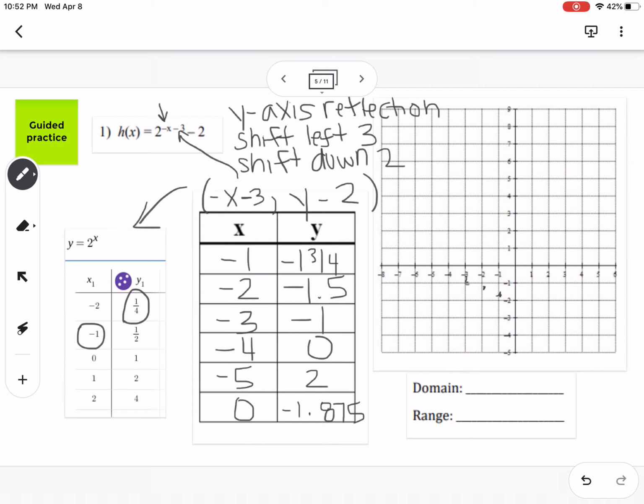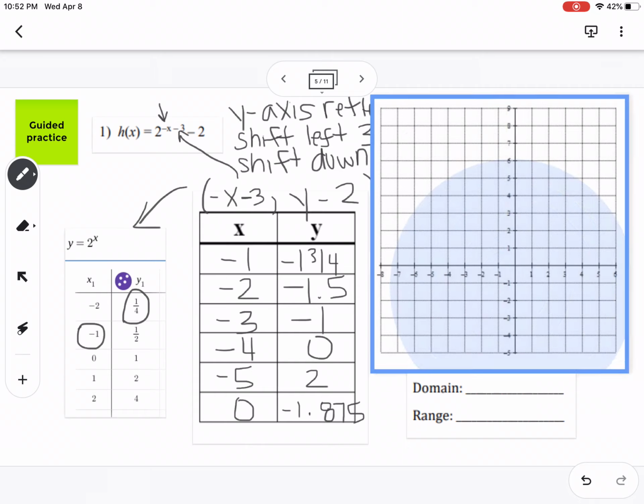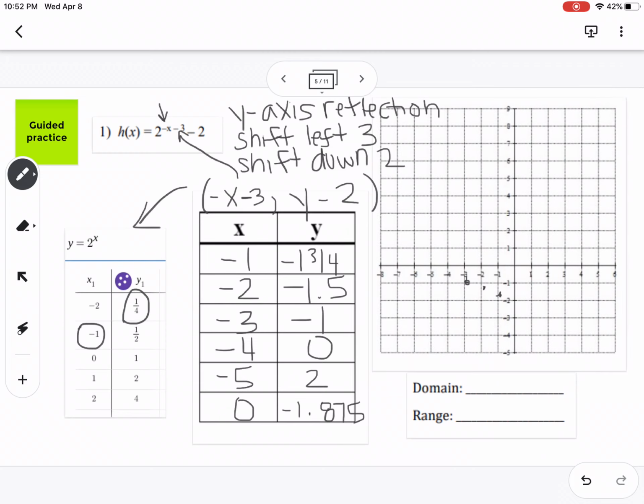-3, -1, -4, 0, -5, 2, and then 0, -1.875.